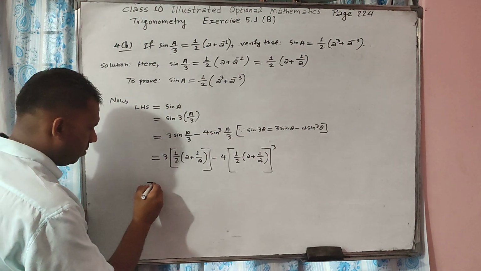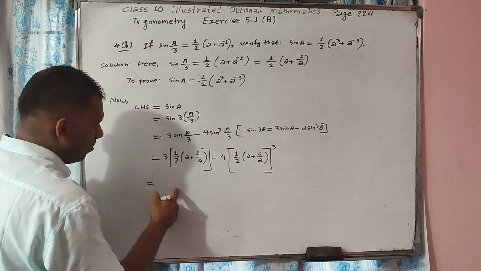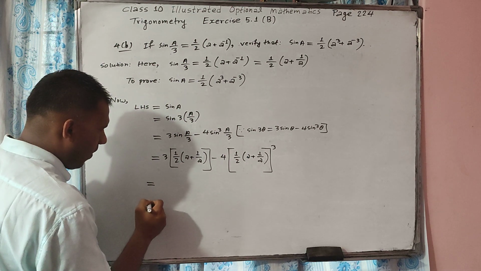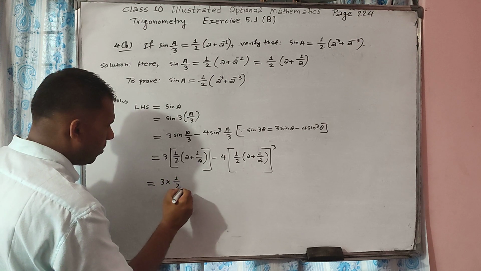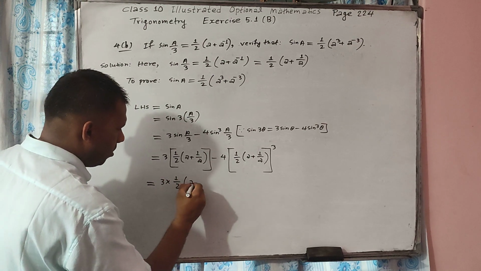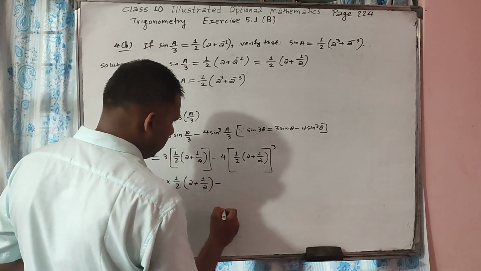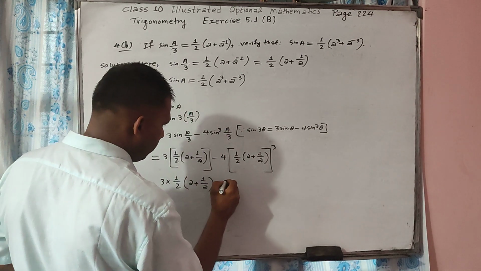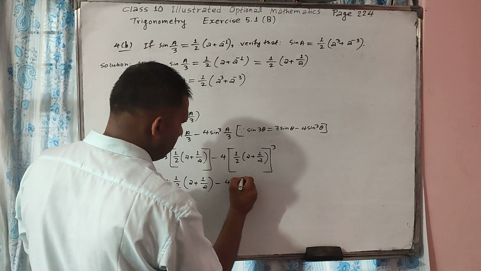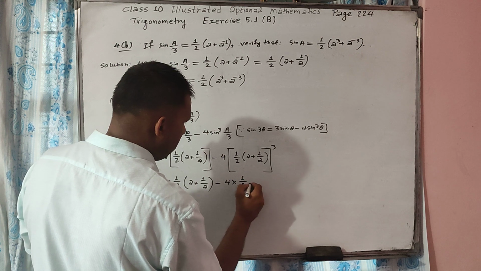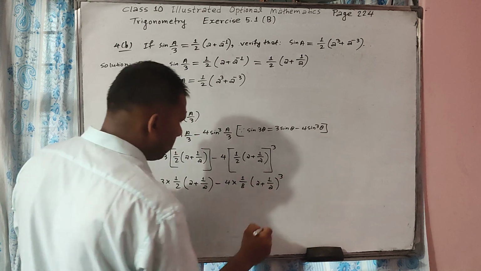Now this equals 3 into 1 by 2, a plus 1 by a, minus 4 into 1 by 8, a plus 1 by a whole cube.